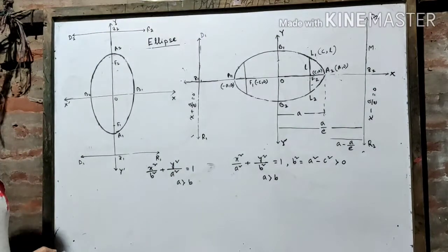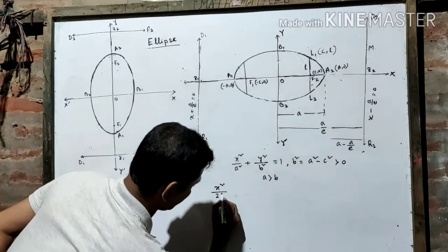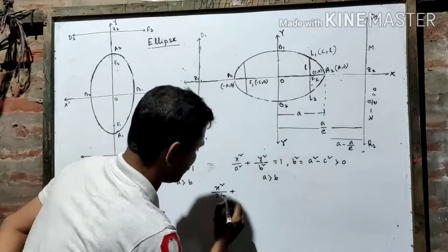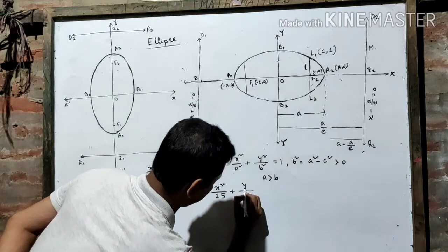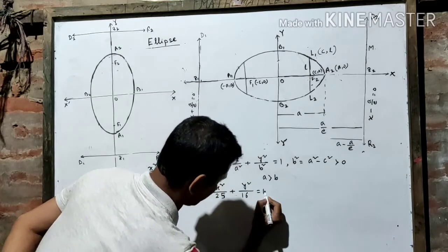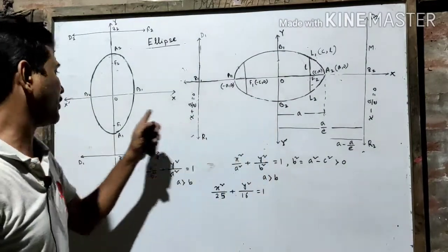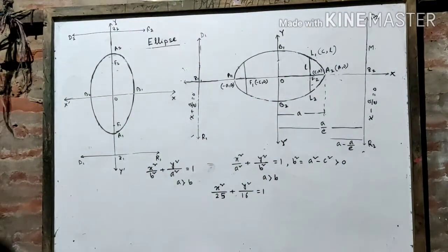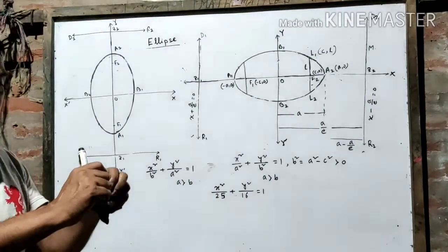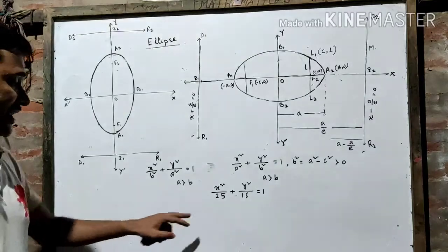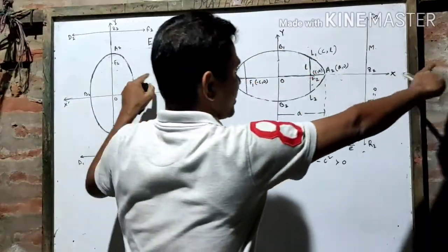So just imagine if we write an equation like this: x square by 25 plus y square by 16 is equal to 1. Which type of ellipse is this? This type or this type? As x square has the greater denominator, the major axis will be along x axis. So this is of the type where the major axis is along x axis.